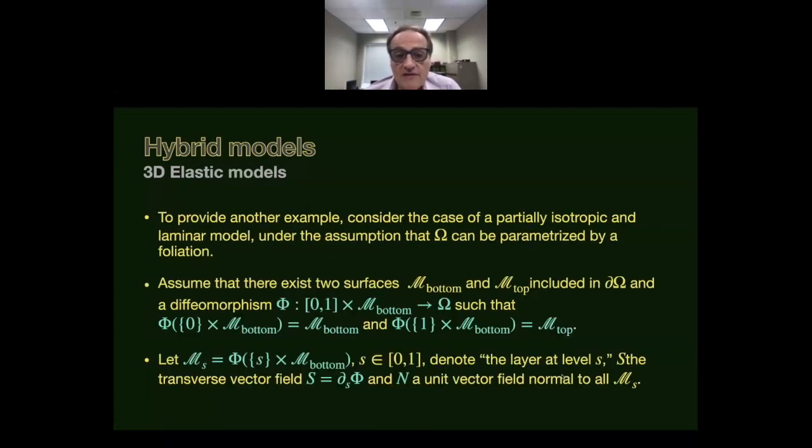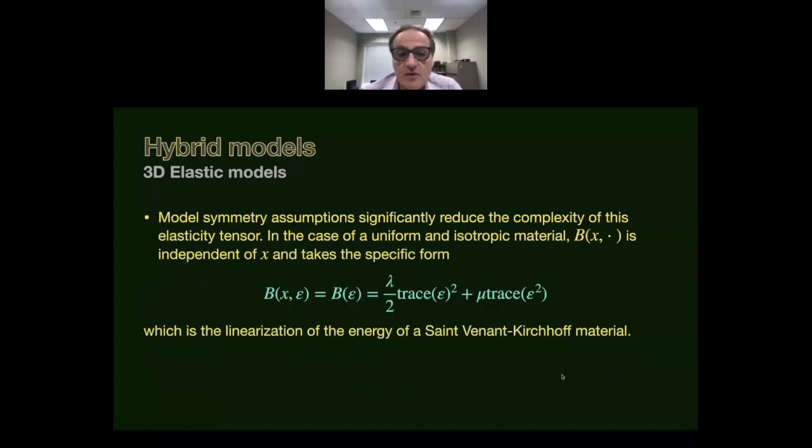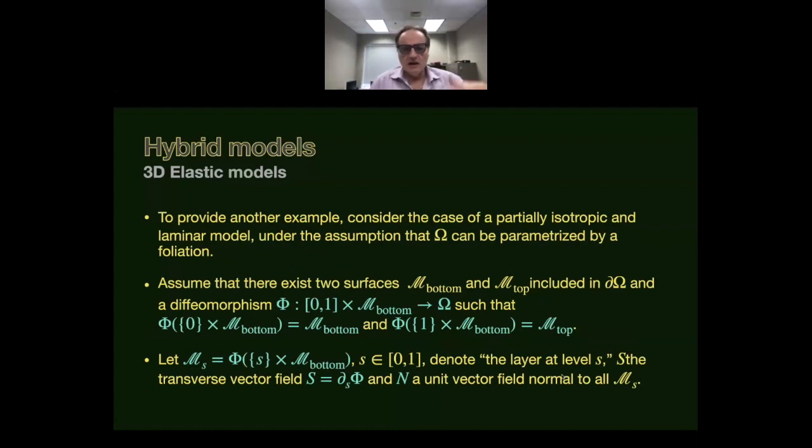So we apply this in a situation a little more complicated than the isotropic material described by the Saint-Venant-Kirchhoff energy, but I will not have the time to get into these details.